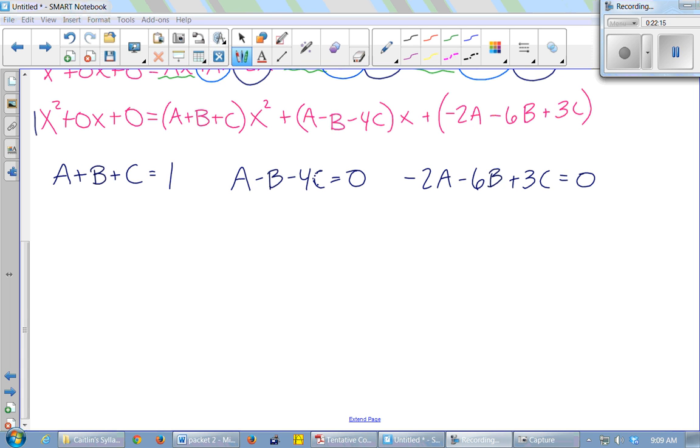All right, so I'm going to take this a plus b plus c equals 1 equation and write it underneath the a minus b minus 4c equation, and add them together. Why am I doing that? I'm going to eliminate the b's. Yeah, I have a negative b and a positive b. Add them, they're going to go away. So I'm going to have 2a and then minus 3c equals 1.